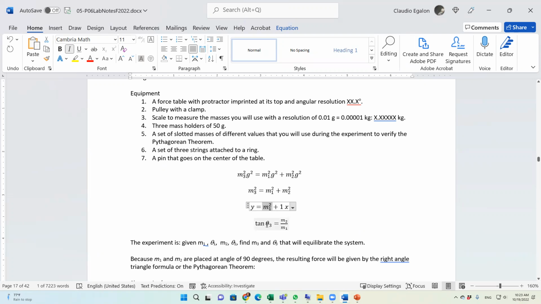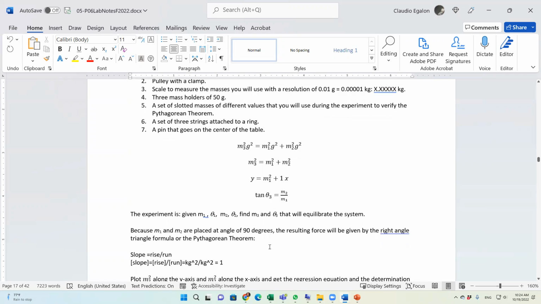The angle is given by this equation: M2 divided by M1 is the tangent of the angle theta 3. So we obtain M3 experimentally, and we obtain theta 3 experimentally. The experiment is: given M1, theta 1, M2, theta 2, find M3 and theta 3 that will equilibrate the system. That's what we do.